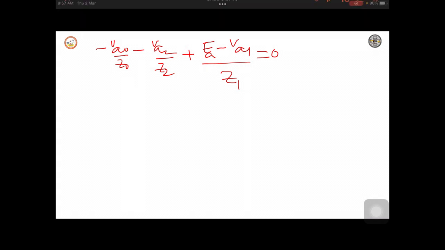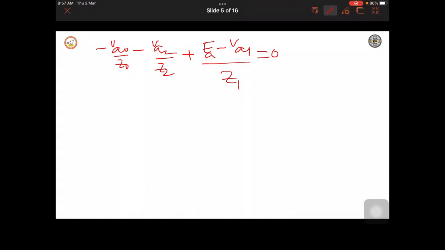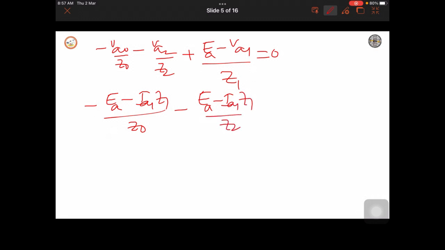So you will get the reduced expression, that is minus (EA minus IA1 Z1) by Z0 minus (EA minus IA1 Z1) by Z2 plus (EA minus IA1 Z1) by Z1, that is equal to 0.